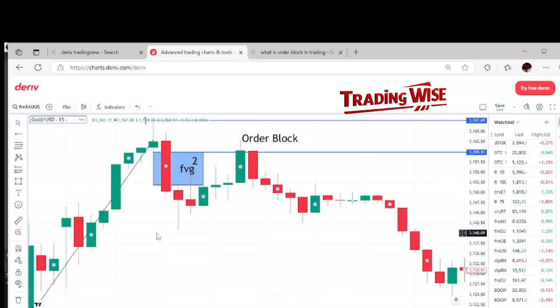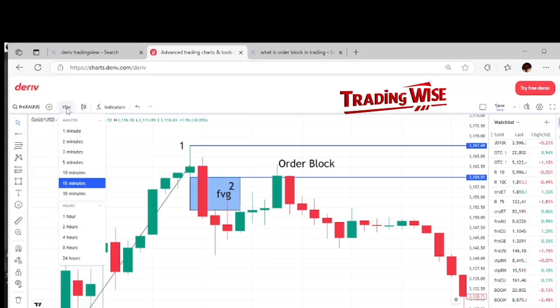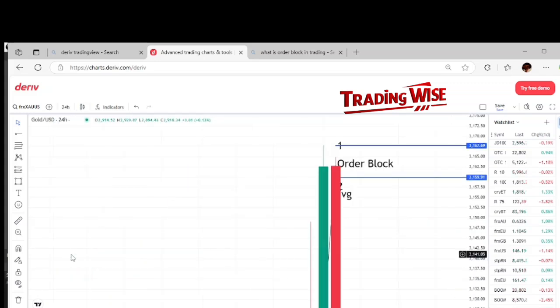One of the things I also look out for when I was trading, because I do trade gold, that's what I focus on, I saw the previous day high. Let me change my time frame. That's the previous day. Now you can see this is the previous day high. This is today, this is yesterday.